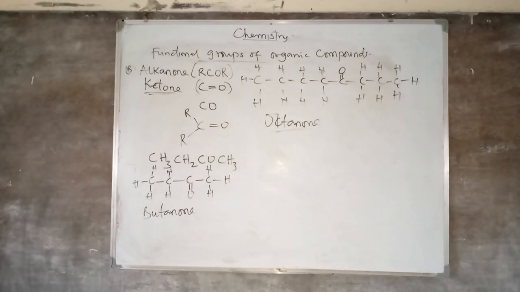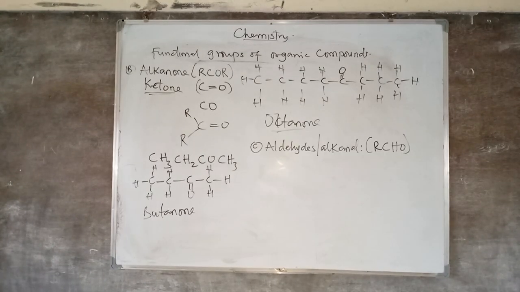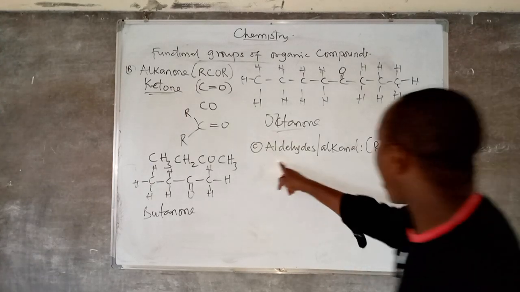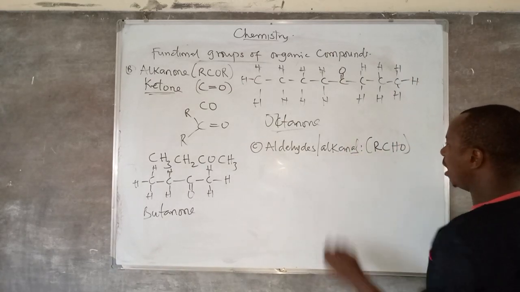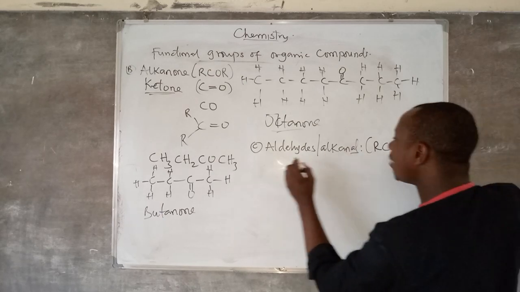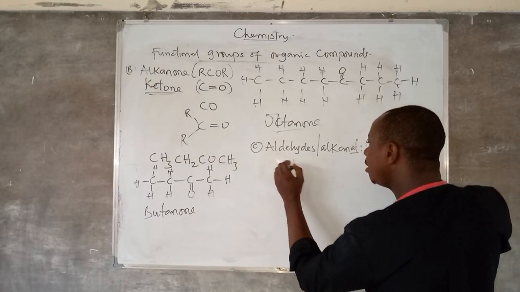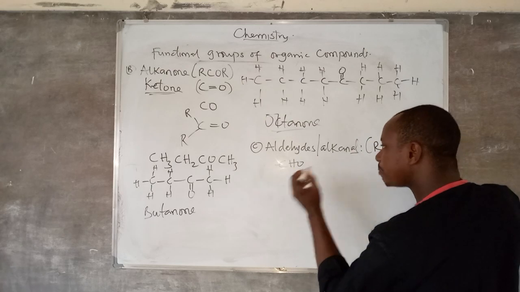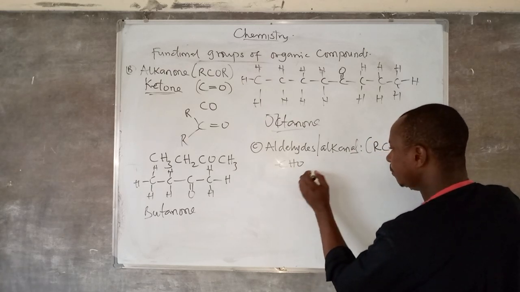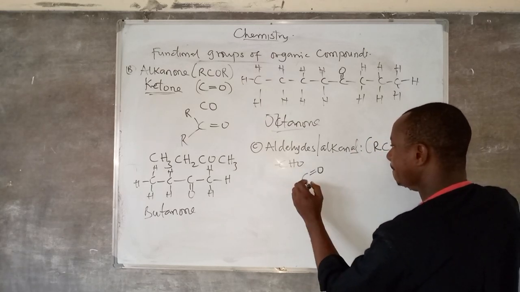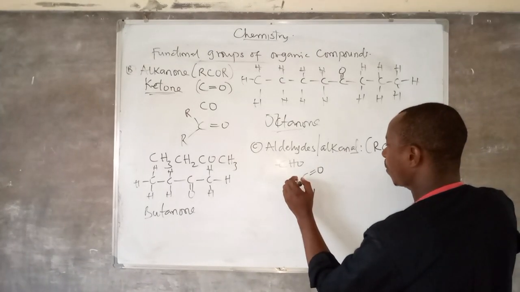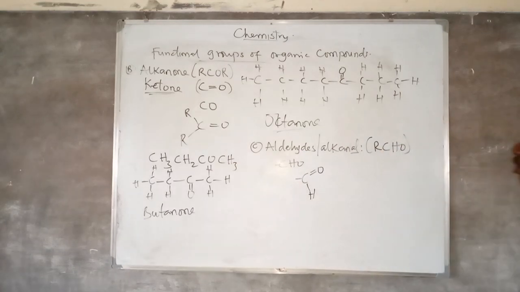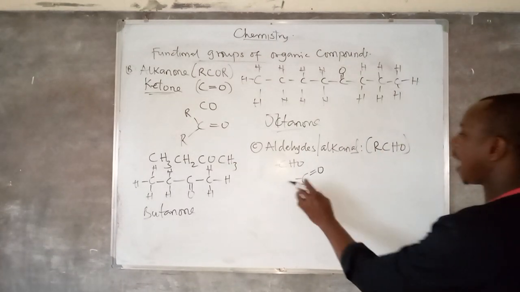Octanone, 8 carbon atoms. The next functional group, or homologous series, is aldehydes, or alkanal. The functional group present in aldehyde is simply CHO. This is the alkanal functional group.